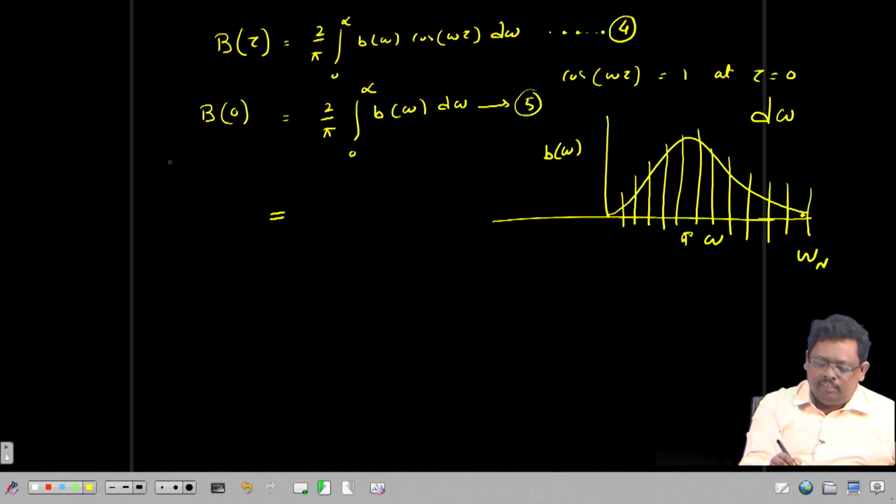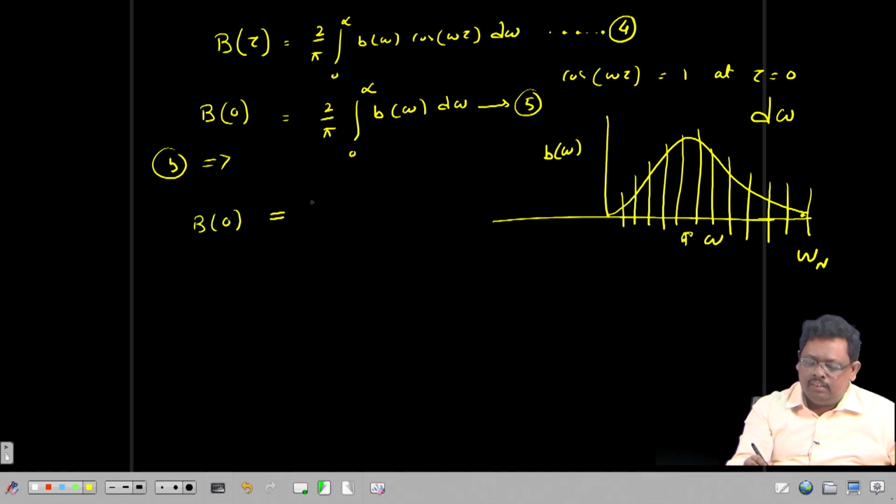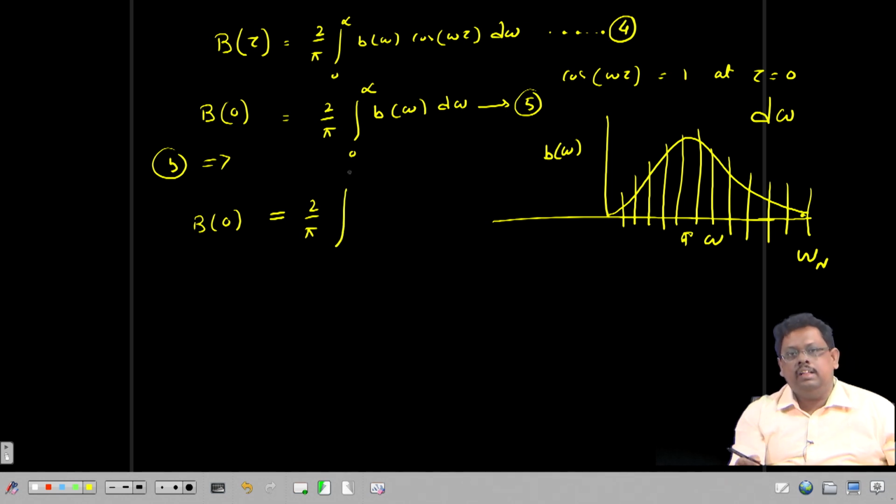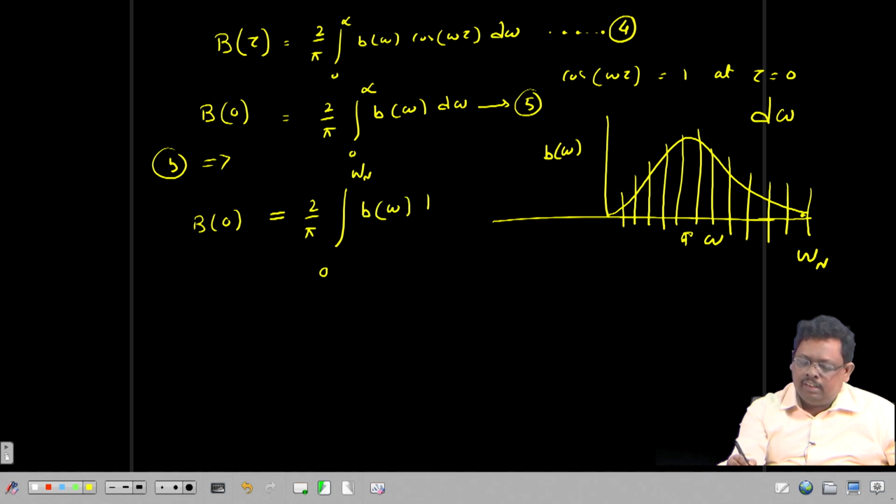From this equation 5, I can say that b 0 equals 2 by pi, and it is really not infinity, so it should be 0 to some omega n, which is a finite value. Then I need to calculate the integral of b omega d omega. A standard trapezoidal rule will do this.